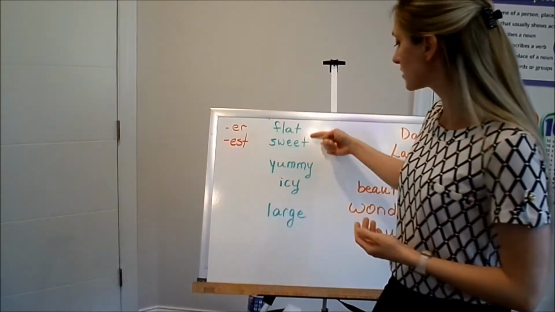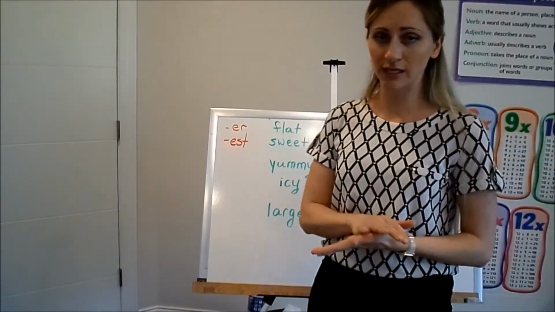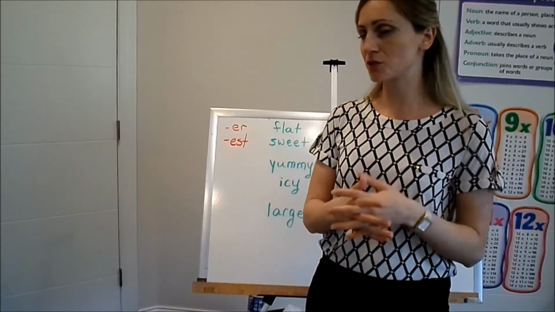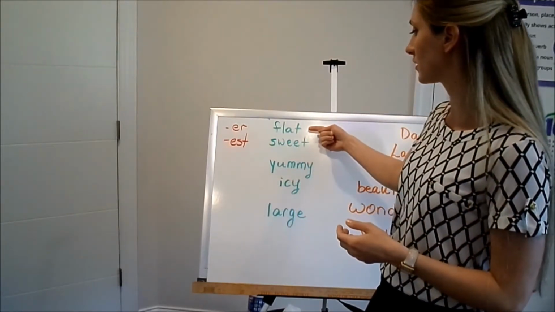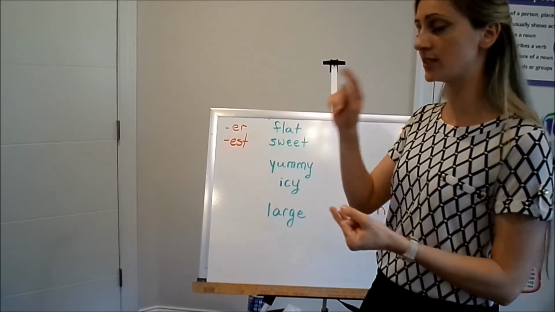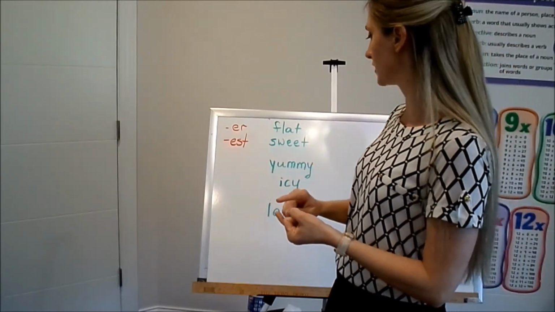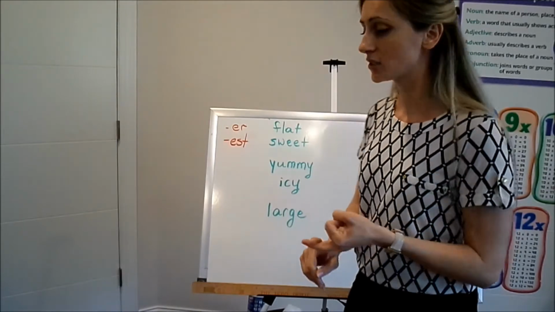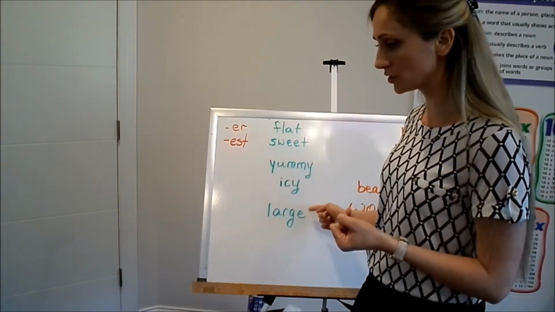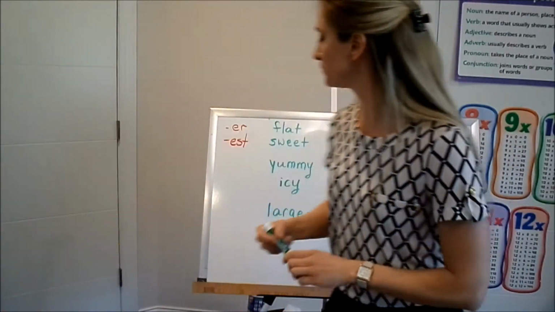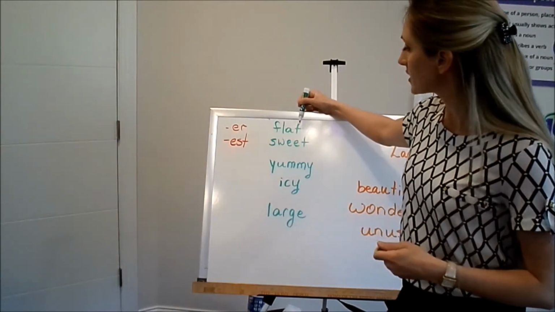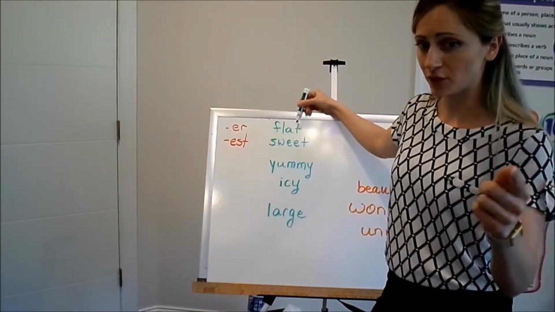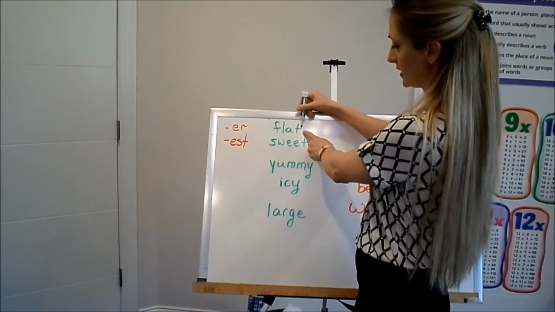Okay, let's review the last page you guys did. I know some of you were struggling with doubling consonants, knowing when to double a consonant. You were struggling with the Y's. So we're gonna review this real quick. Take a look. This adjective here ends with a consonant.